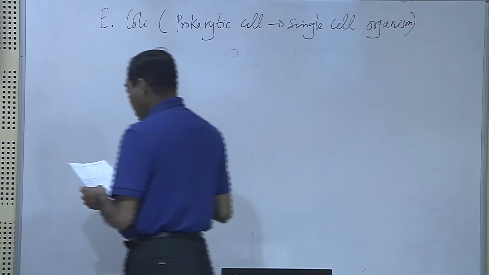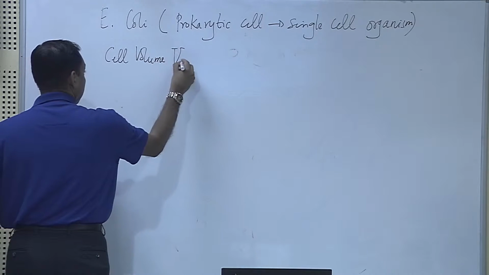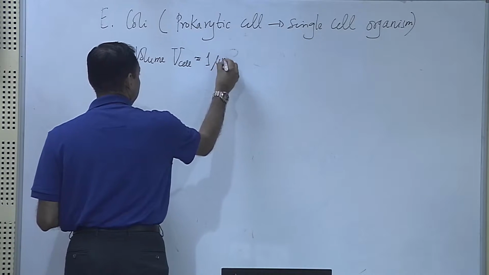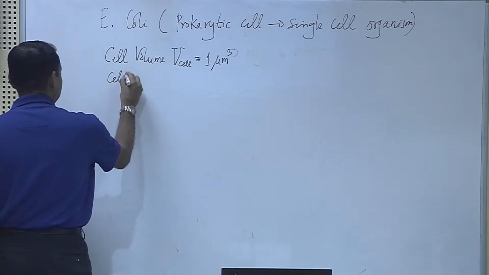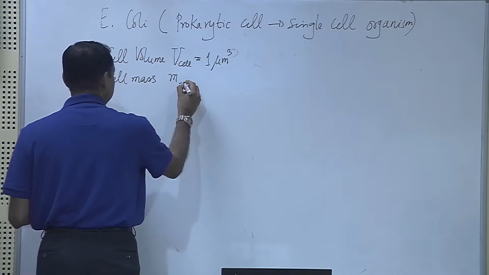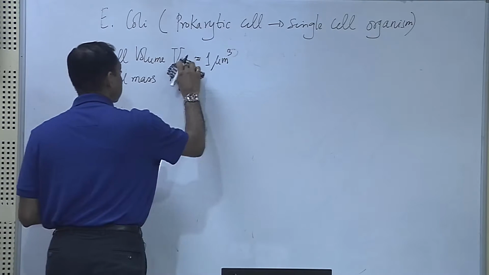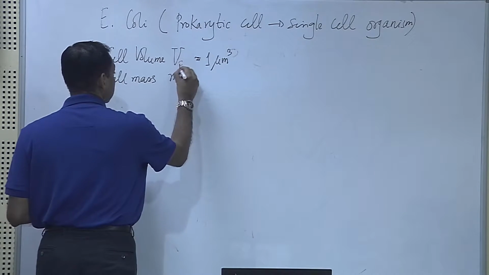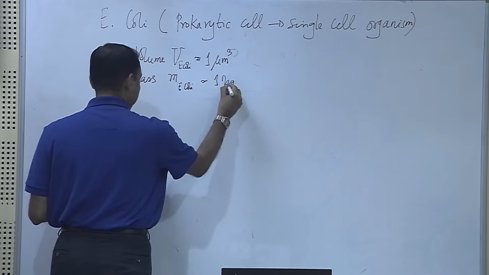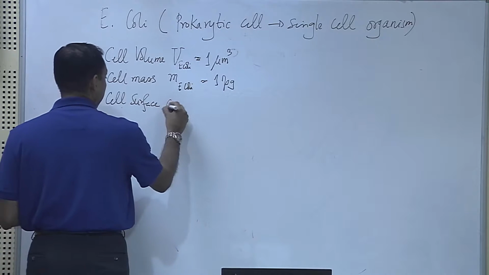Its cell volume is close to 1 micrometer cube. Cell mass, one picogram. Surface area.